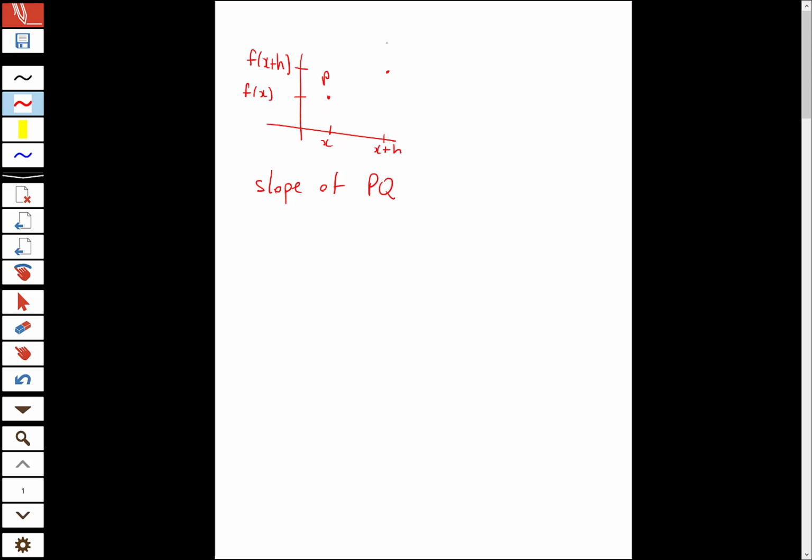So there's P, there's Q, and we're talking about this line segment between those 2 points. The slope of PQ, as usual, is going to be rise over run. Let's look at the rise over this line segment. That's the difference in the y values. We'd say it's f of x plus h minus f of x.